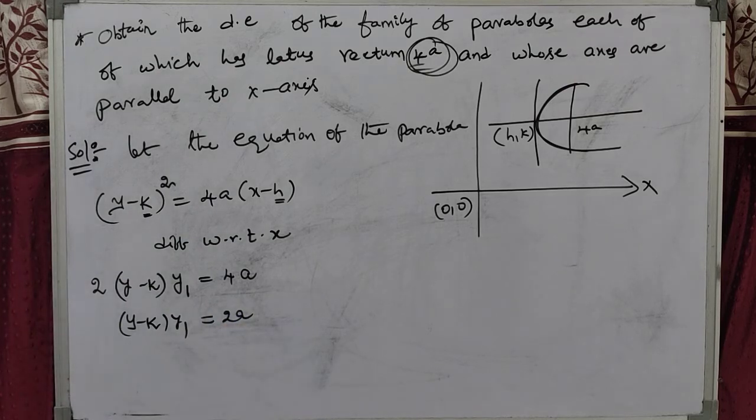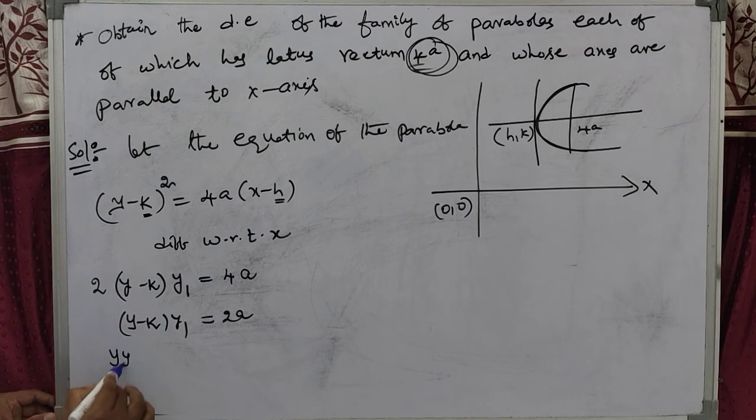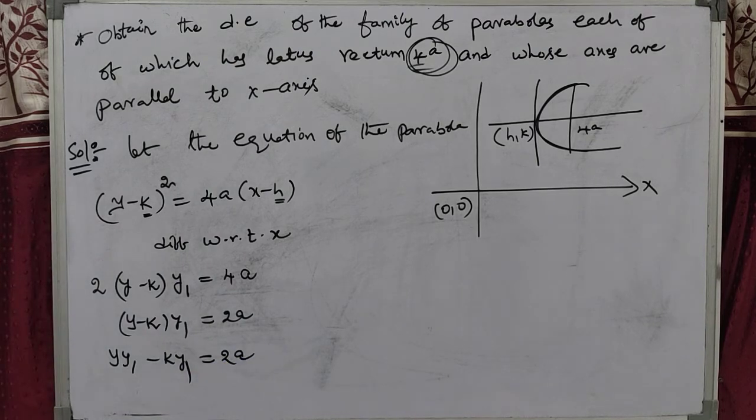Now we have to find this. We can write y minus k, into y1, equals 2a.